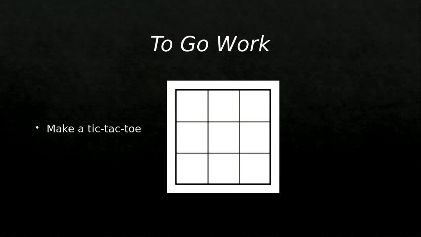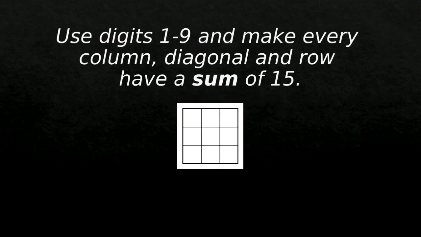Okay, everybody have that? Now, here's your challenge. You're going to use the digits 1 through 9. Notice not 0. This time we're leaving 0 out. Poor guy, left out. 1 through 9. You're going to put them into each little box so that each column, a column is this, right?